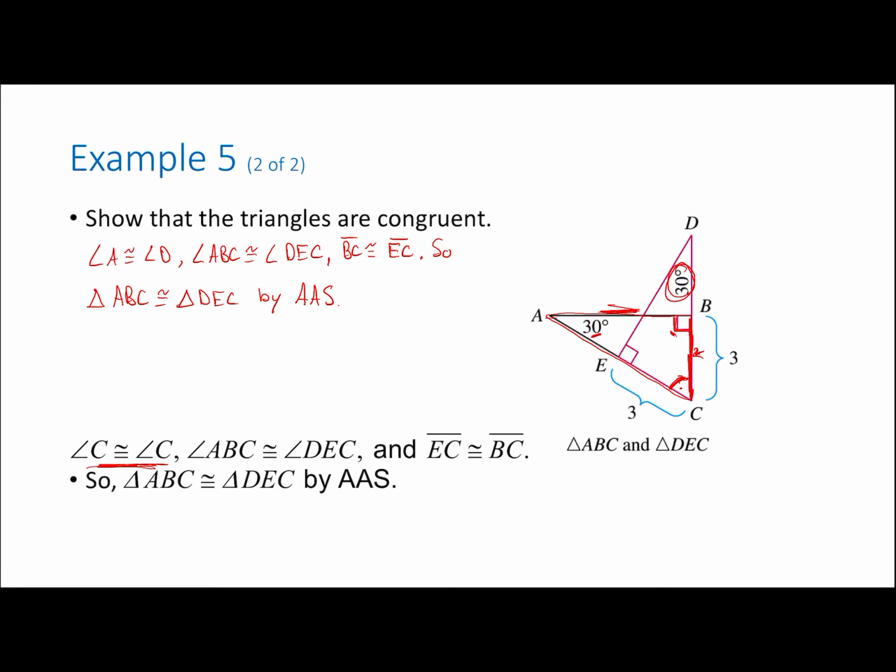But notice that angle C got used because they share that. Right? Now it's 60 degrees, but we don't really have to know that because we know that they share that. And so what was used here by the book, and again, I'm taking some of this from the book, they used the 30 degree angle, this angle they had together, and then this length.